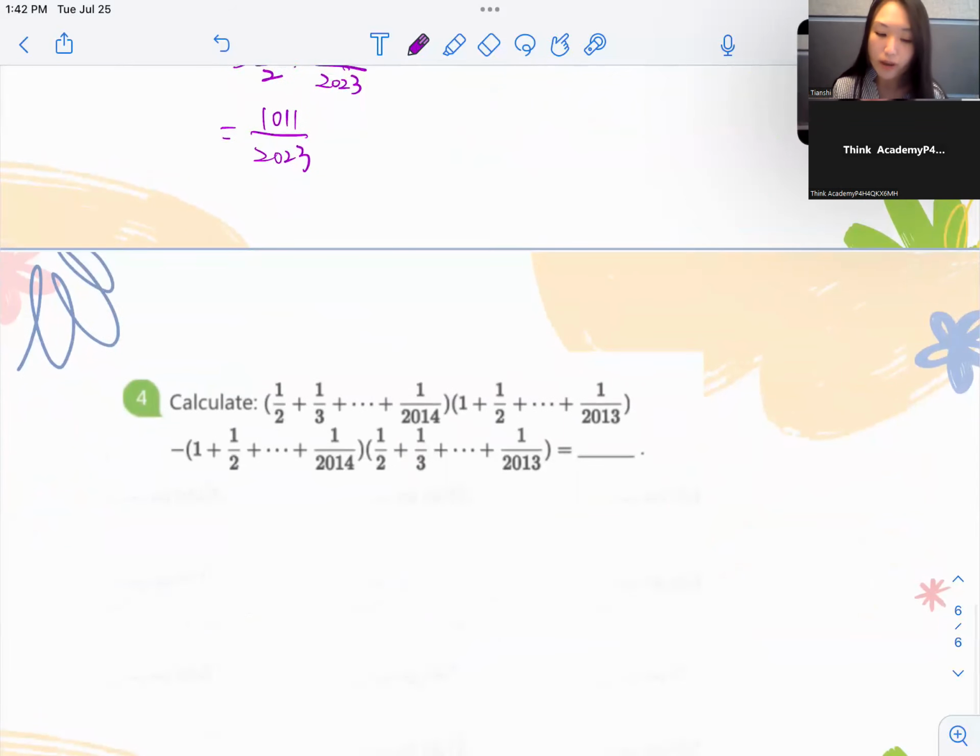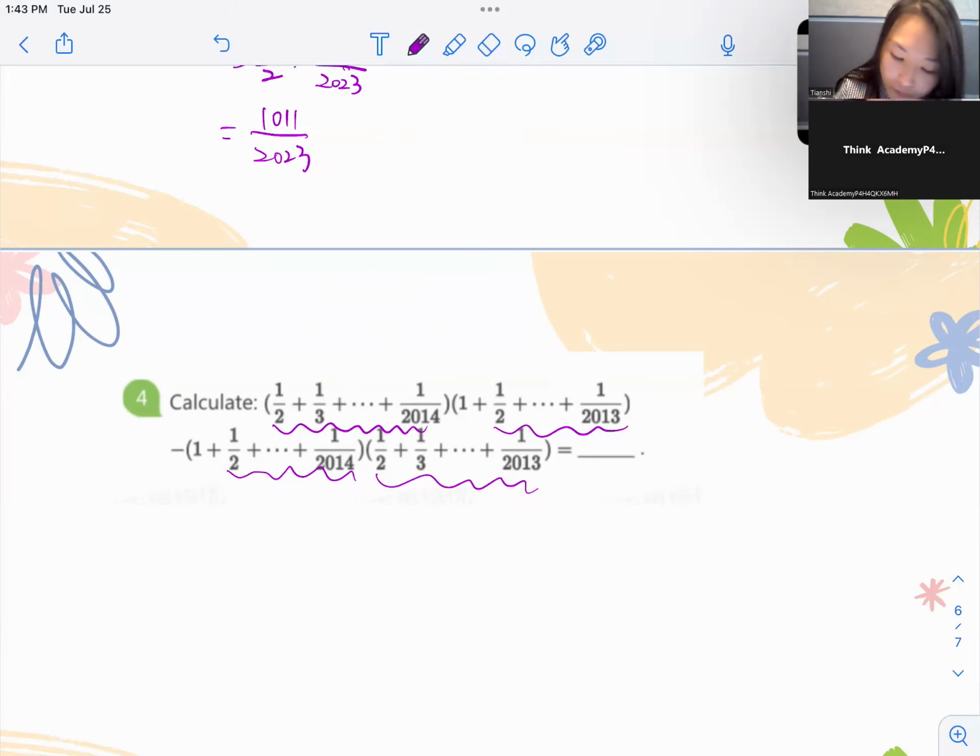So the last question, by reading this question, you can find that all the terms are very similar to each other, right? So which are the similar terms for this one? All the four terms have 1/2 plus 1/3 plus up to 1/2013 in common.